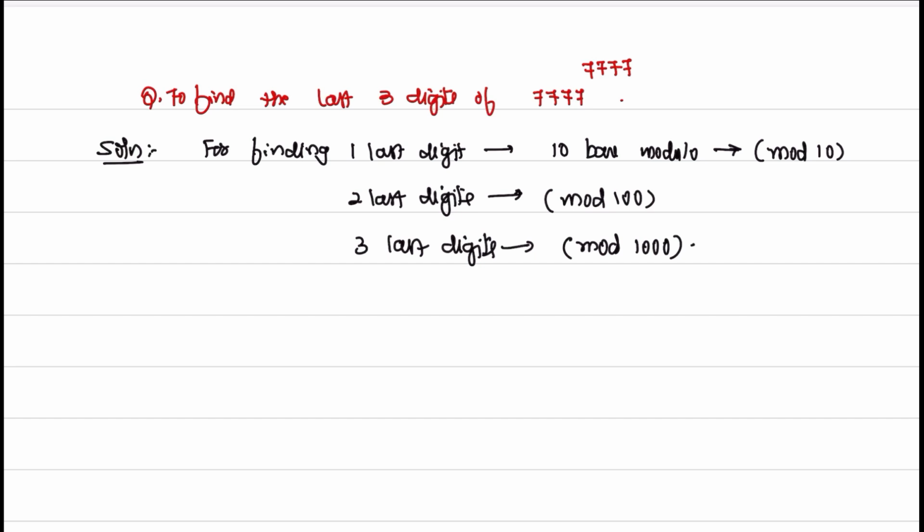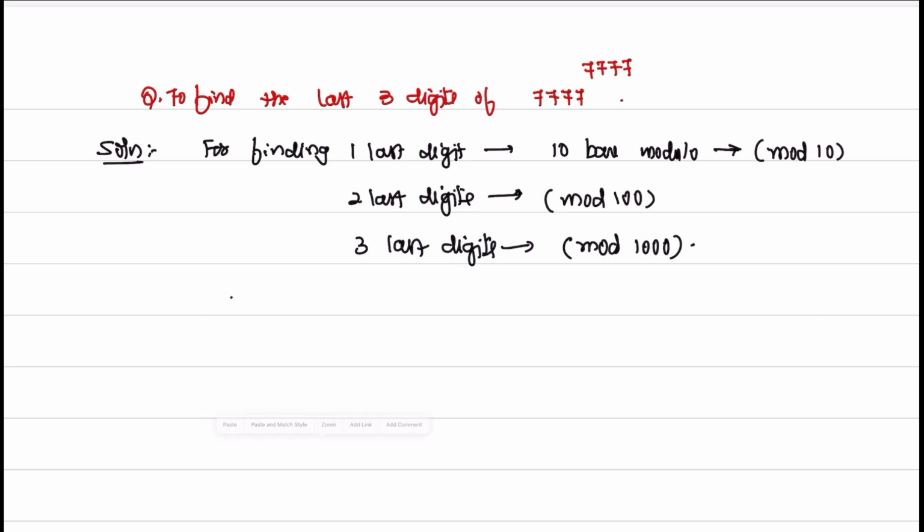Now here in this question it is asked to find out the last three digits. Then we have to reduce this to the base modulo 1000.